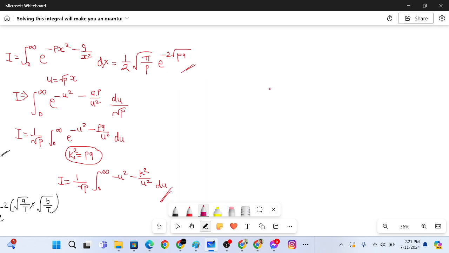Now let me say that J of k is this integral from 0 to infinity of e to the power minus u square minus k square by u square du.